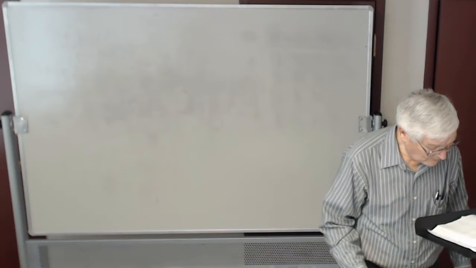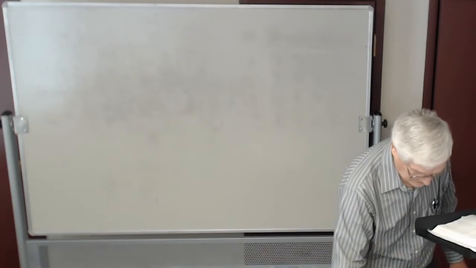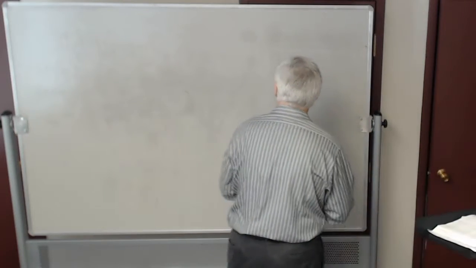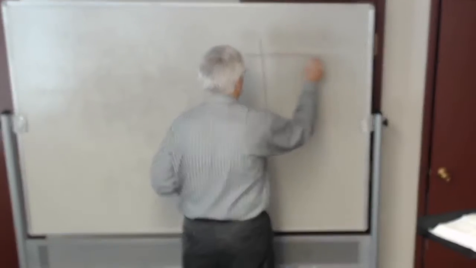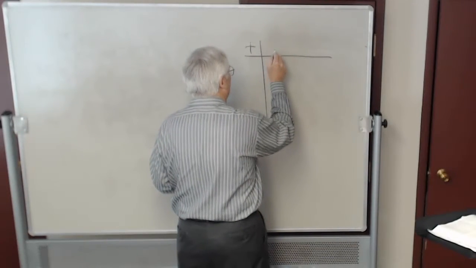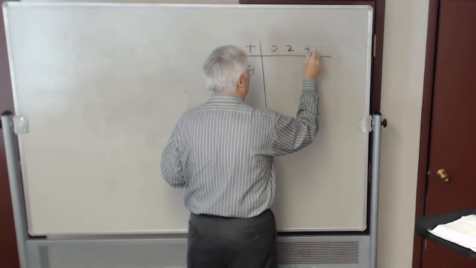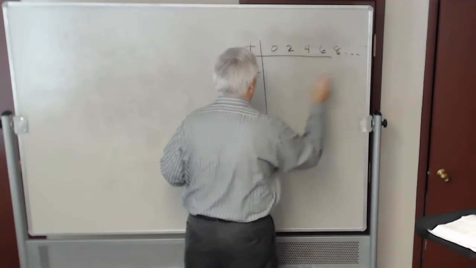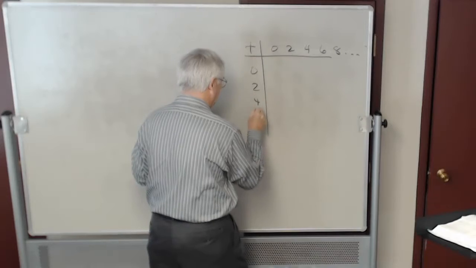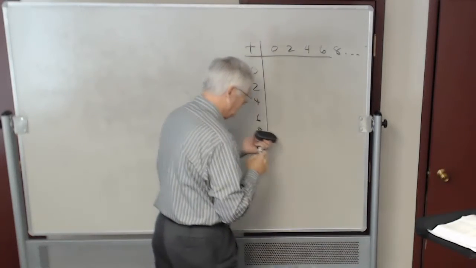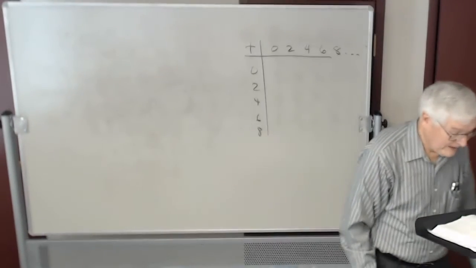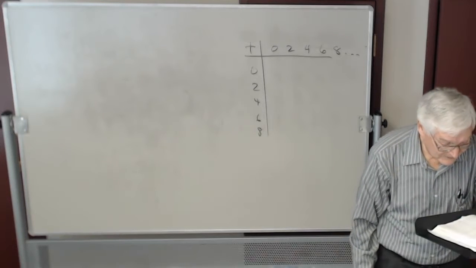So number 40, the even integers under addition. So if we were to do this and say addition, that would be 0, 2, 4, 6, 8, dot, dot, dot. And what is it asking for number 38?